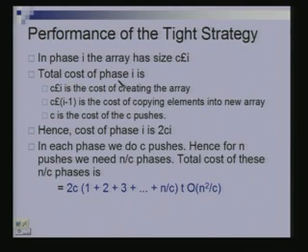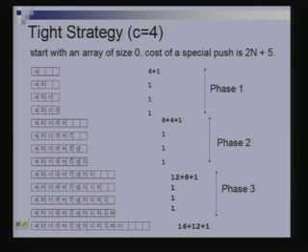So, what is the total cost of phase i? At the beginning of phase i I first create an array of size c into i, then I copy the elements of the previous array. So, look at this example here. I first create an array of size 8, I copy the previous 4 elements.